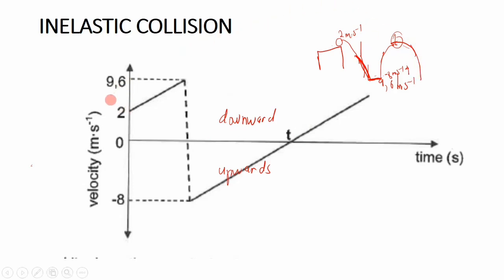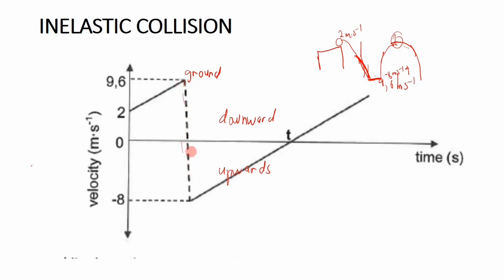We can see here it is projected at 2 meters per second and reaches the ground. Remember, the ground is always on the side whereby we have downward. So it reaches the ground at 9.6 meters per second. But then what happens? You can see here that we no longer have that perfect straight line. This line is now slanted, right?